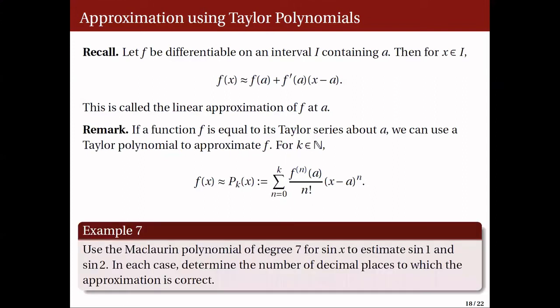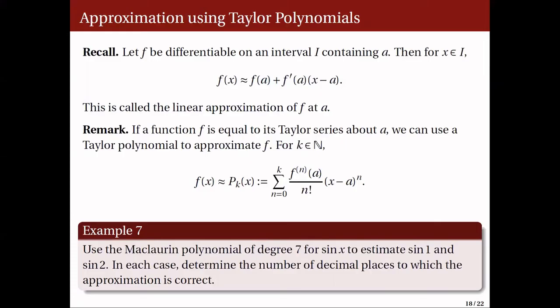So let's have an example. Use the Maclaurin polynomial of degree 7 for sine x to estimate sine 1 and sine 2. In each case, determine the number of decimal places to which the approximation is correct. So this example tells us two things.